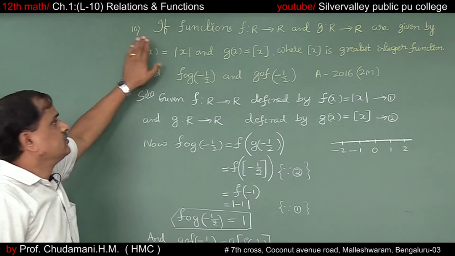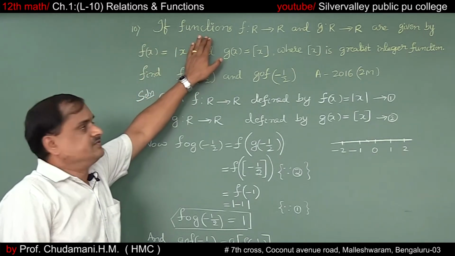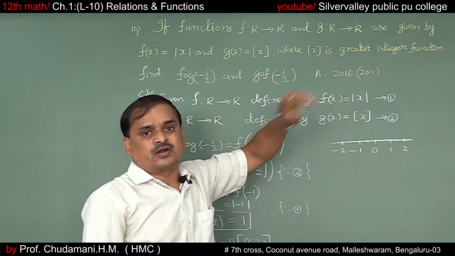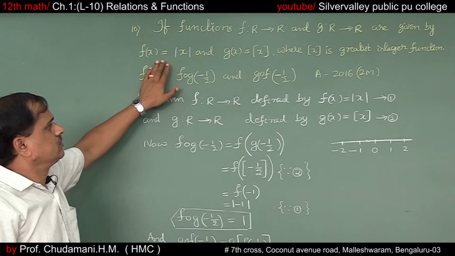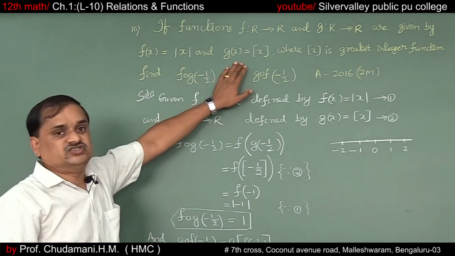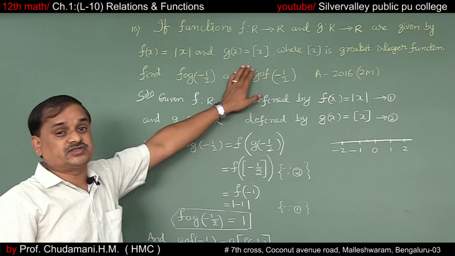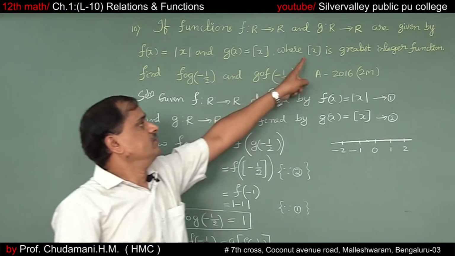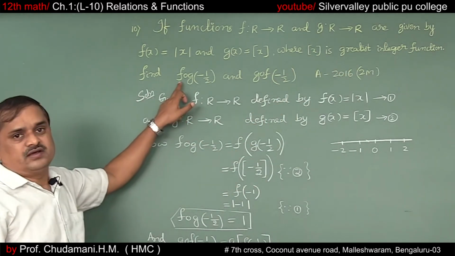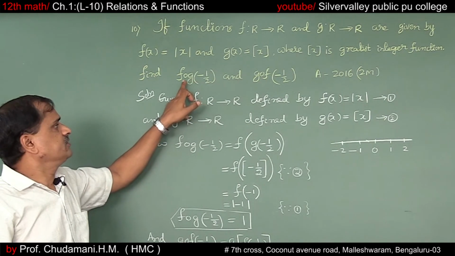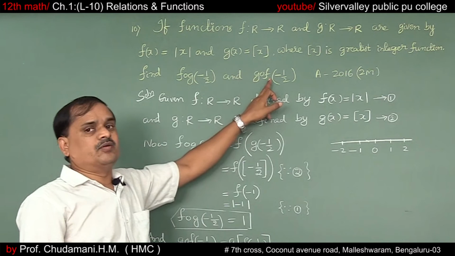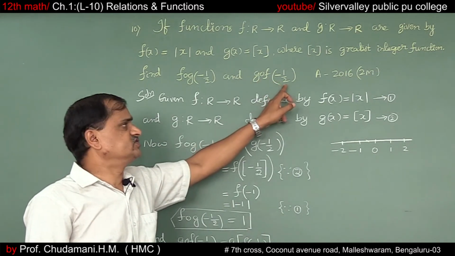10th one. If the functions f from R to R and g from R to R are given by f of x equals mod x and g of x is equal to the greatest integer function of x, where this denotes the greatest integer function, find the composition of g and f of minus 2, the composition of f and g of minus 2.